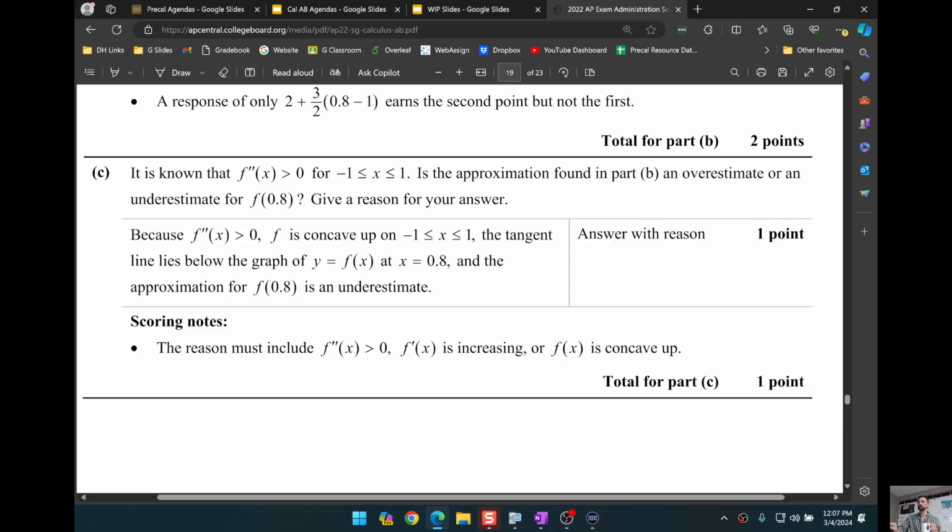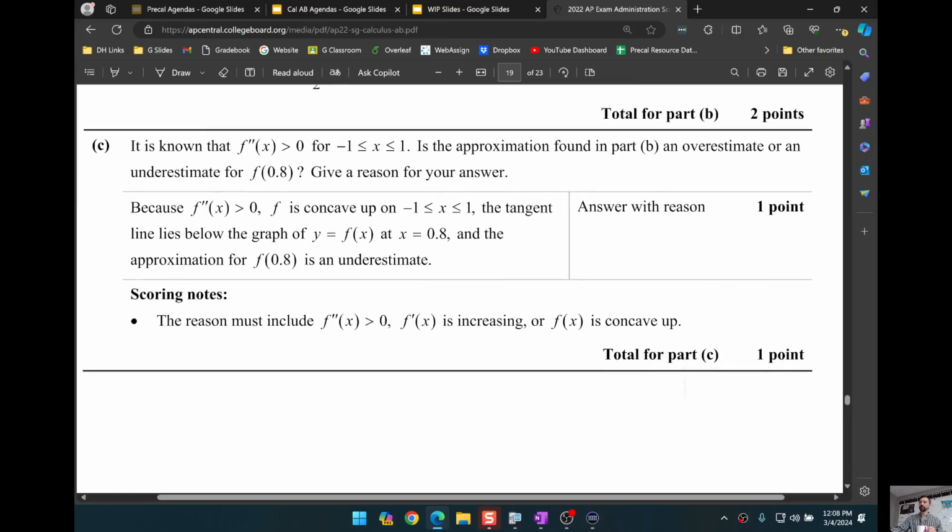You have to refer to one of those three things for your reasoning. If this one's hard for you to visualize, sketch what you did in part B. Because this is concave up, you see that your point's below where it's really supposed to be. It's a little easier for you to see. Okay, so just 1 point there.